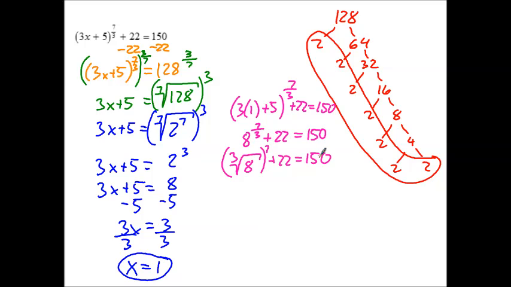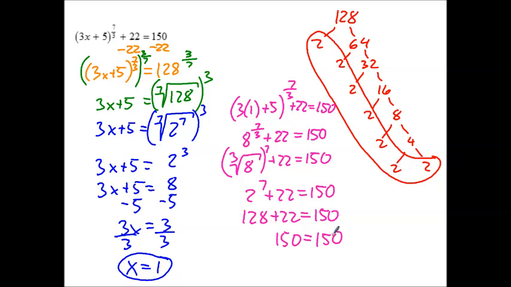Now the cube root of 8 is 2. 2 to the 7th power plus 22 is still equal to 150. 2 to the 7th power we have just found out is 128. 128 plus 22 is equal to 150. Yes, that is indeed the case. And check. Well done so far.